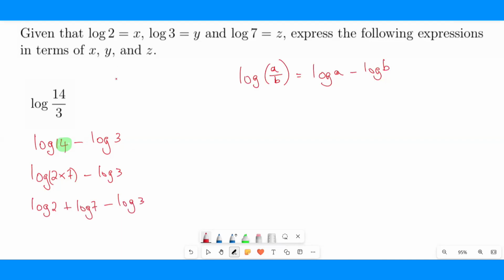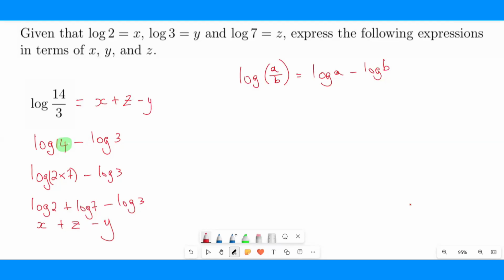And then now we are able to do our quick substitution. The log of 2 is actually x plus the log of 7, that is z, minus the log of 3 is y. So basically, the log of 14 over 3 can be represented as x plus z minus y.